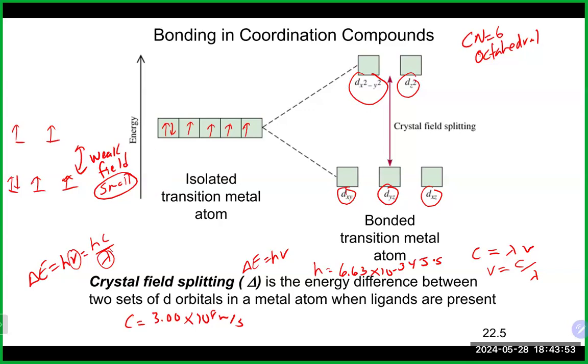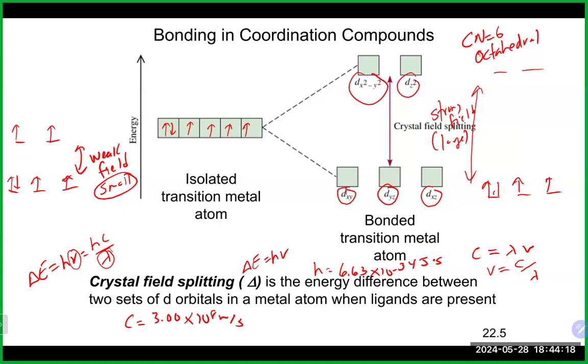Now, there is a situation, as we'll talk about, where you could get this splitting between the lower guys and the higher guys that is sometimes referred to as strong field, which is a much larger split in energy. And the consequence of that is, as the electrons go in, they're going to decide that's way too high in energy.